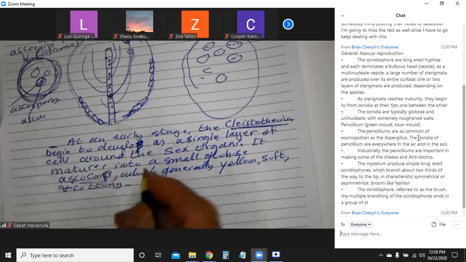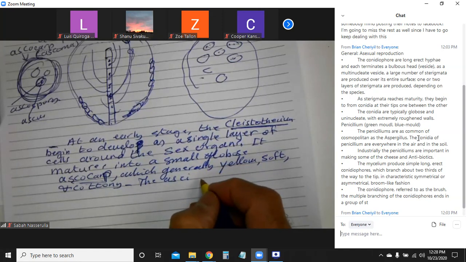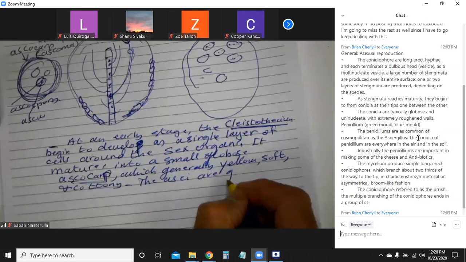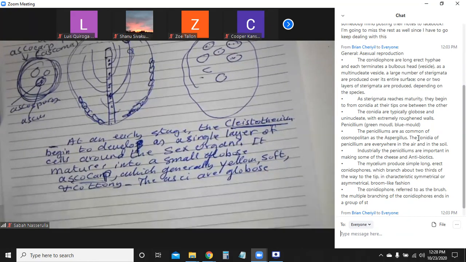Now the asci, which are inside, are also globose or circular.